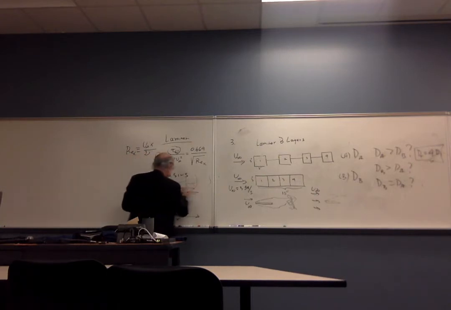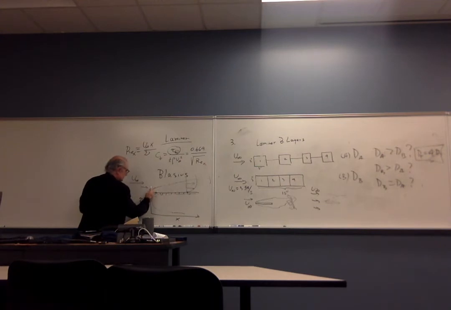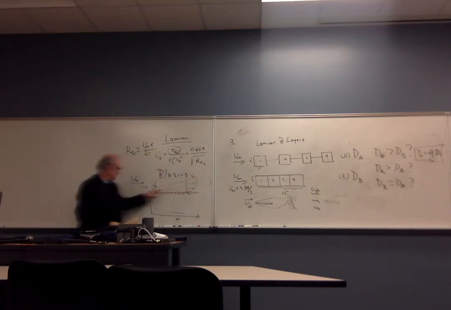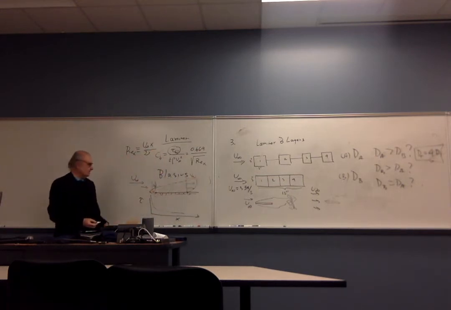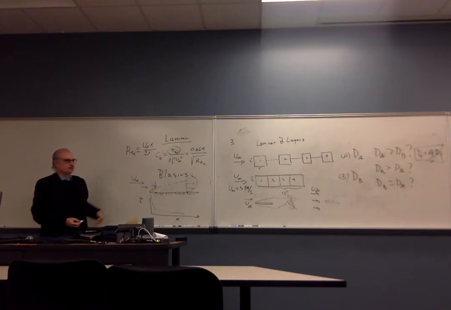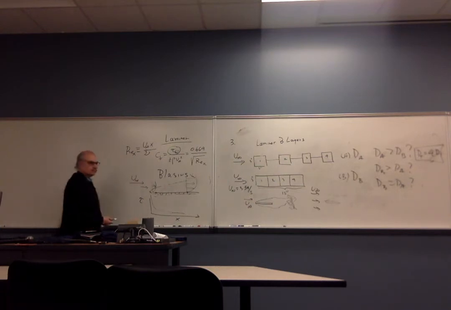Okay. Now let's draw a boundary layer profile here. This is u infinity over here. This is u infinity over here. If I take a look at these two velocity profiles, can somebody tell me why do these velocity profiles result in a shear stress distribution that looks like that? Yes, exactly.